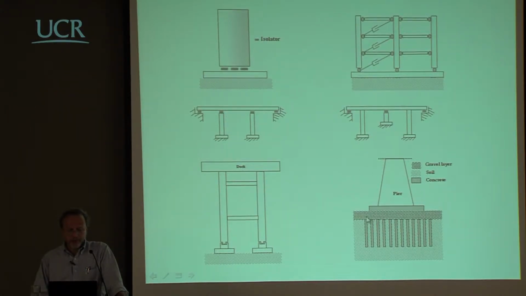For example, having some sort of controlled layer of sand and gravel at the base of a structure that could well be a bridge pier, and actually it has been used in at least one case of a very large bridge, in such a way that for a certain level of excitation there could be some rotation at this level, and there could be also some relative displacement at this level.